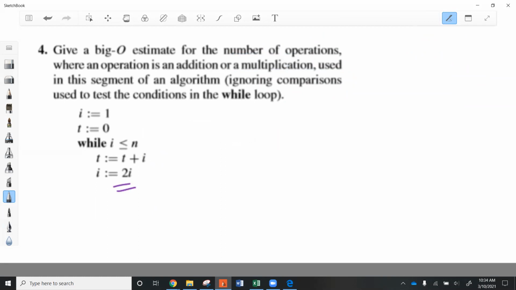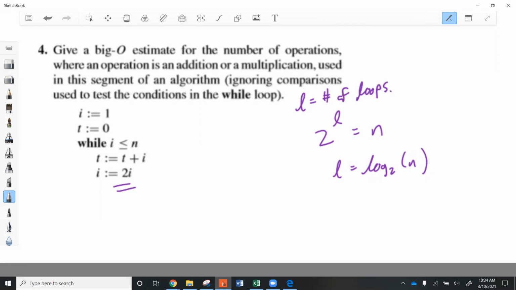So 2 raised to L is equal to n. You solve for L, and then you get log n. What is your L representing when you said 2 raised to the L? Number of loops. Yeah, number of loops.